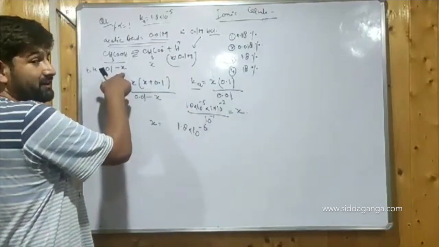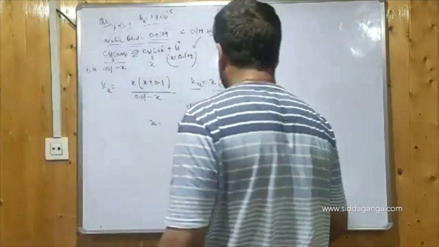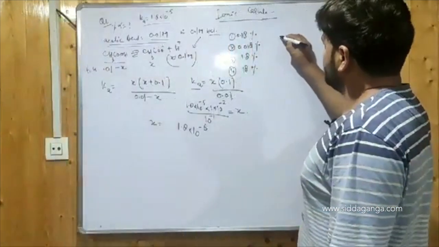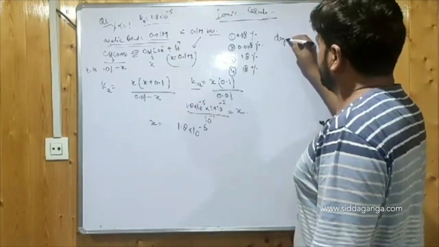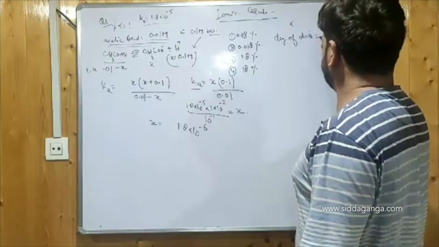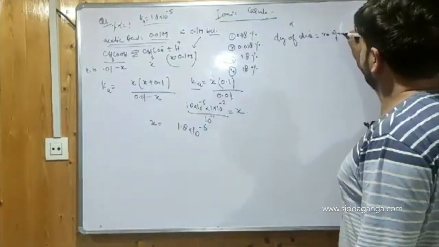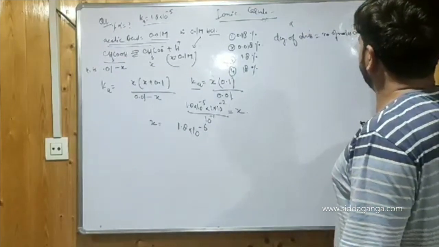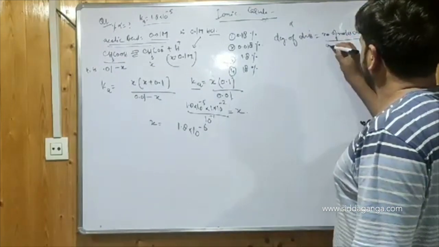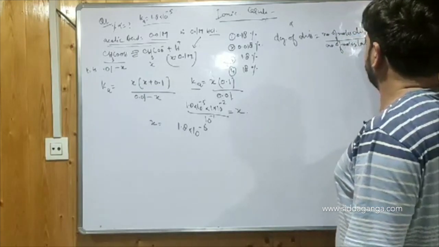So here x I have taken, degree of dissociation. Tell me, what is degree of dissociation equal to? So we can take degree of dissociation, that's alpha. What's that equal to? Number of moles dissociated divided by number of moles taken.